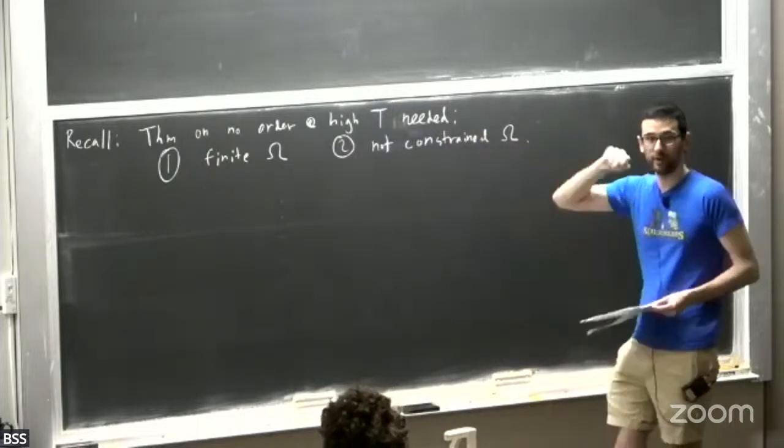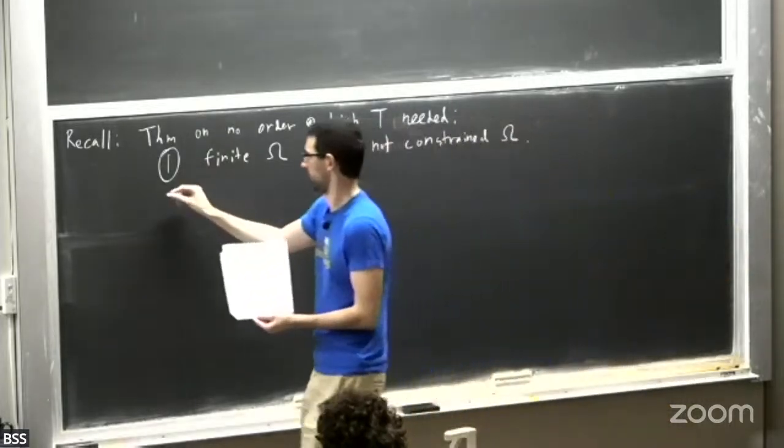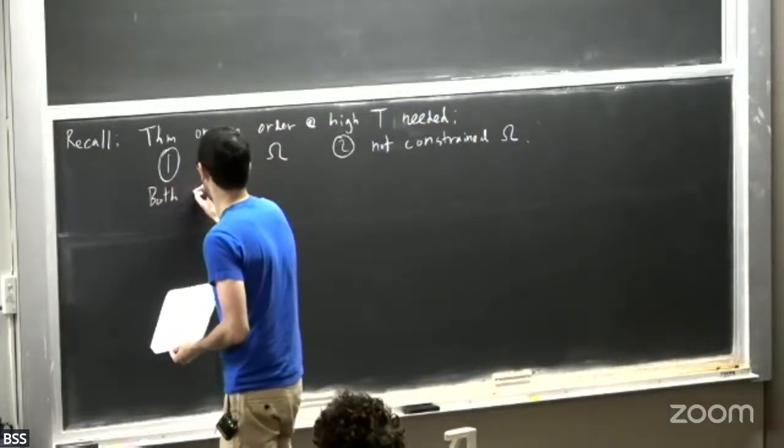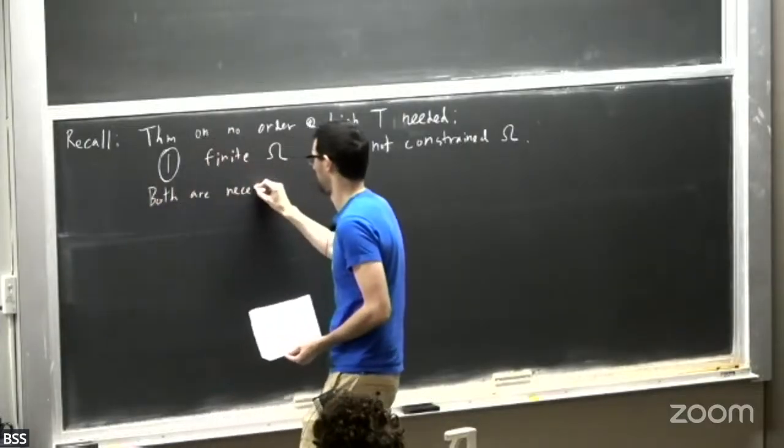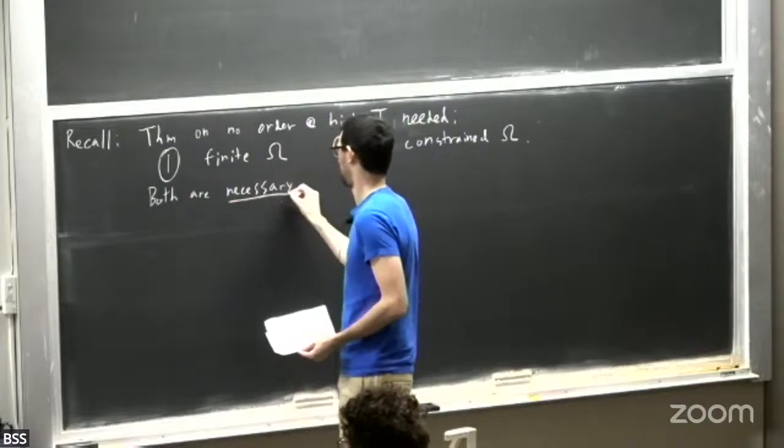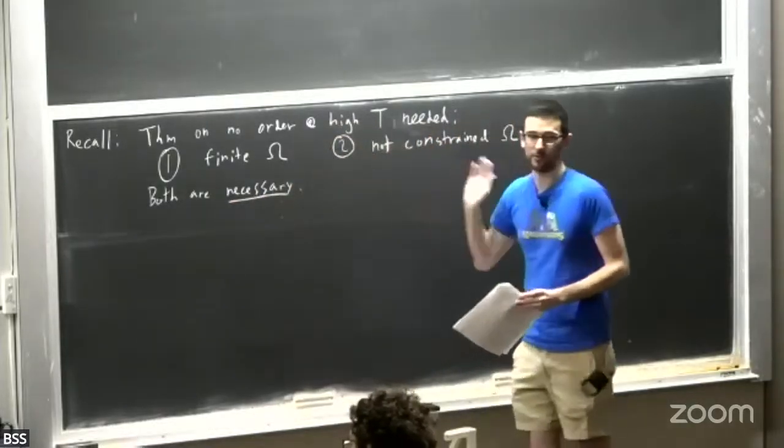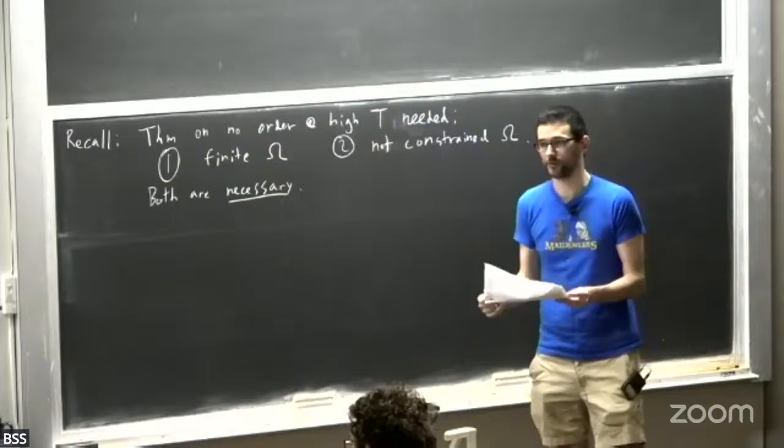And in this same family of models, we see that both assumptions are necessary. So you can relax either one and get order at arbitrarily high temperature.